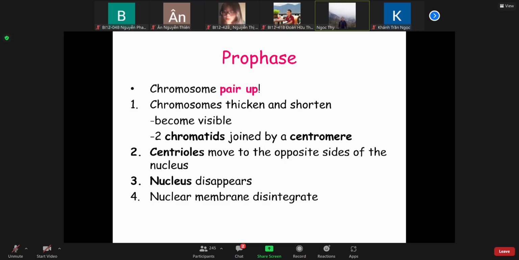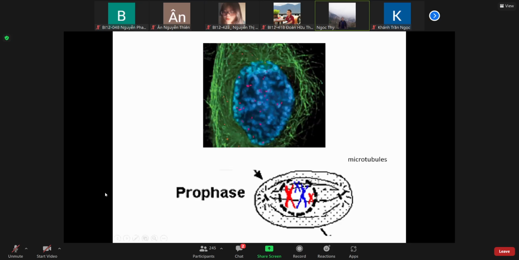To start the mitotic phase, in prophase, the nuclear membrane disappears and the centrioles start to move to the 2 sides of the cell and start to form the microtubules. The microtubules will attach to the centromere of the chromosome.